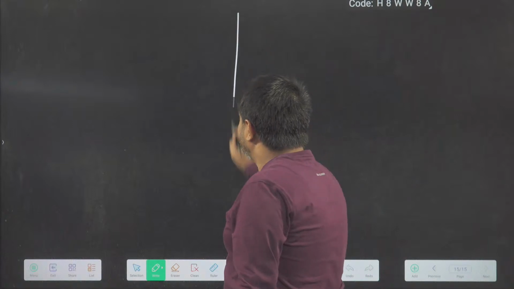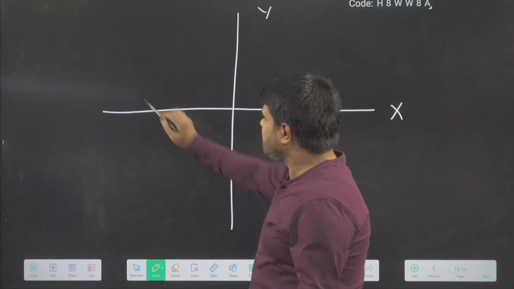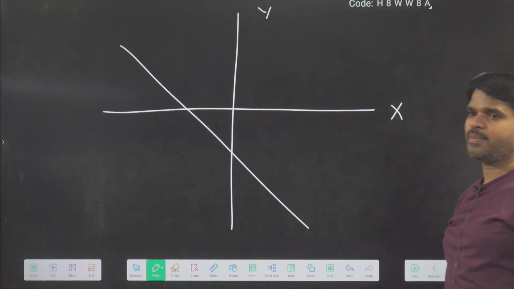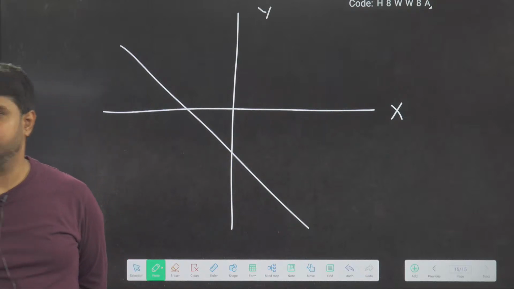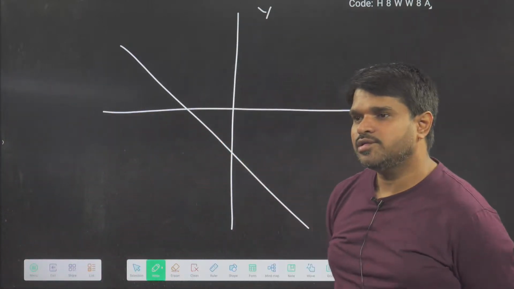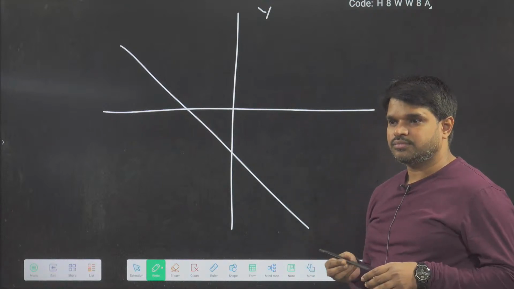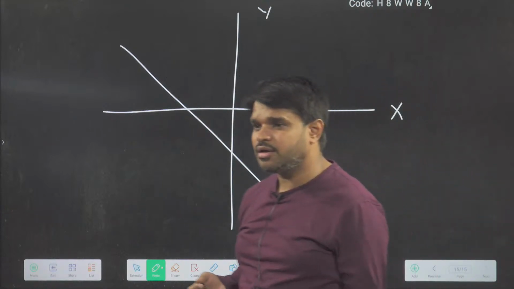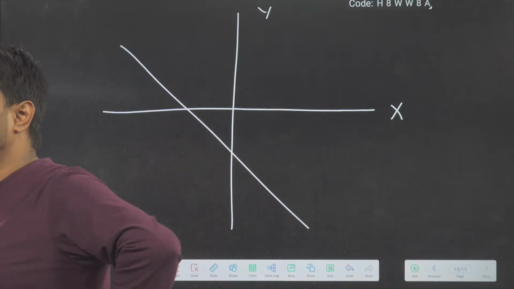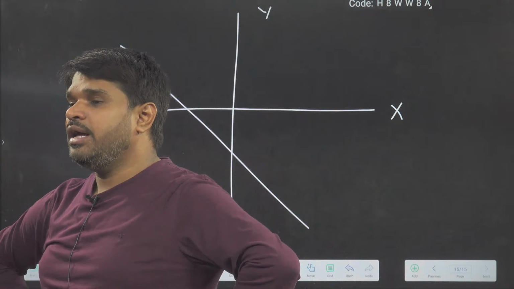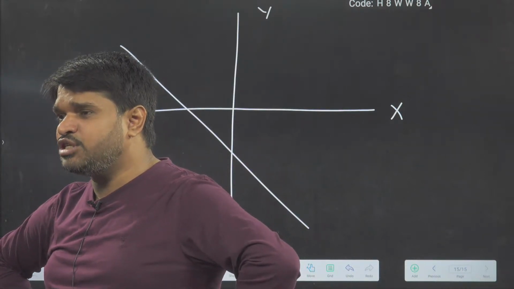See. X, Y. M and C. No, M is not positive. Both are negative. Yes. M is negative, C is also negative.